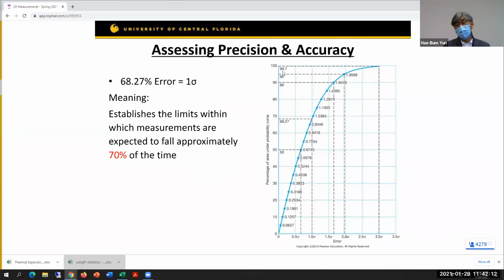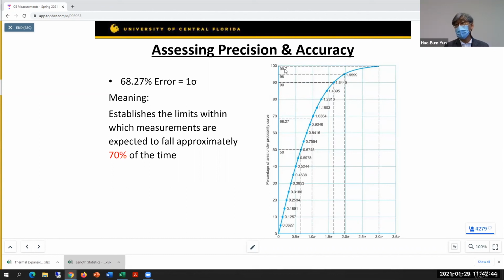Have you heard about six sigma? That is a very popular term for consistency in the manufacturing industry. If you have 3 sigma, or 3 standard deviations, this is about 99.7%, right?